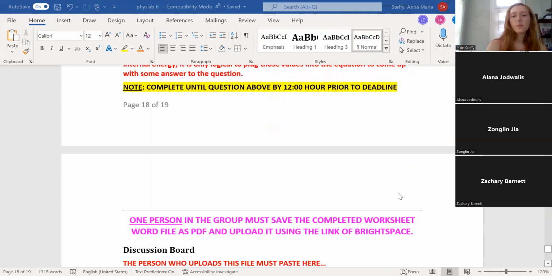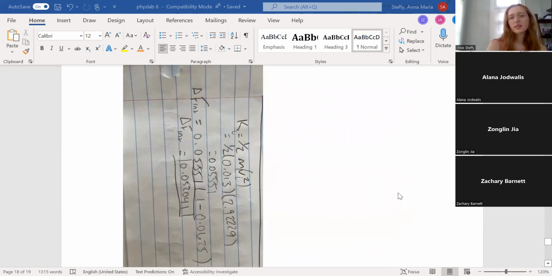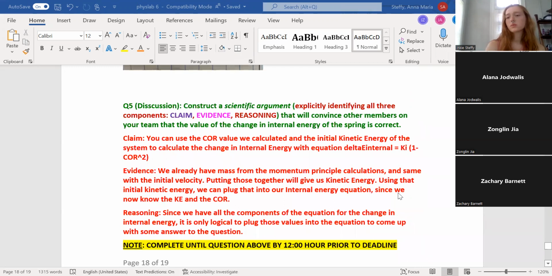What did everybody have for that, I guess? Yeah. So basically I calculated the initial kinetic energy first, using the basic one half times m times velocity squared.